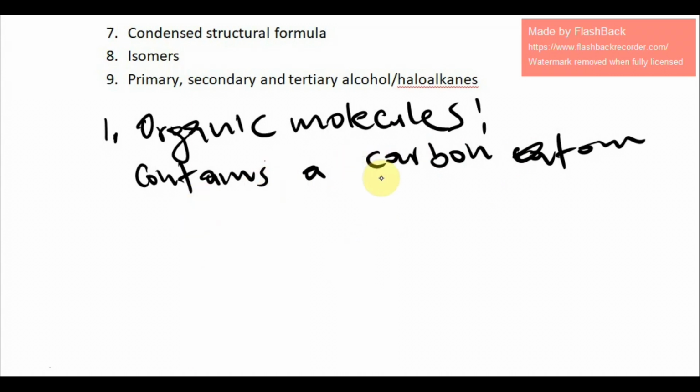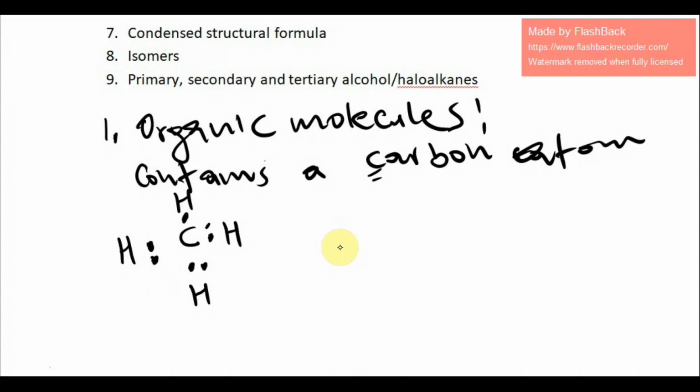Why the carbon? It is because a carbon has 4 valence electrons, meaning that it can form 4 bonds. For example, we can have hydrogen bonding with that carbon and this one, and this hydrogen and this hydrogen.